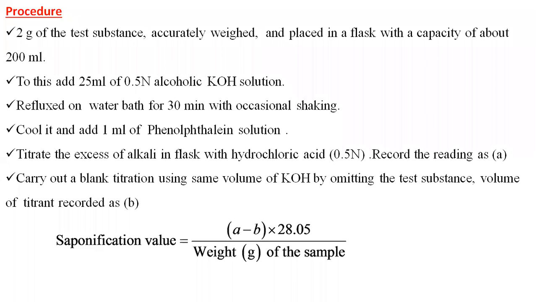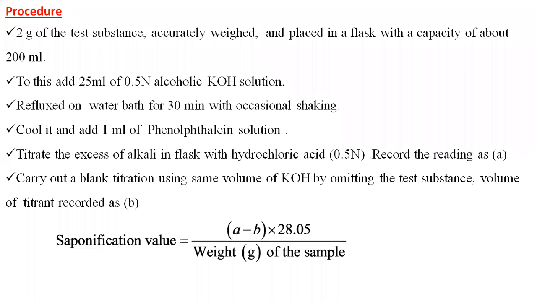The saponification value is determined by (A minus B) into 28.05, divided by the weight of the sample we have taken. A is the volume of titrant consumed with the sample, and B is the volume of HCl titrant consumed without fat.